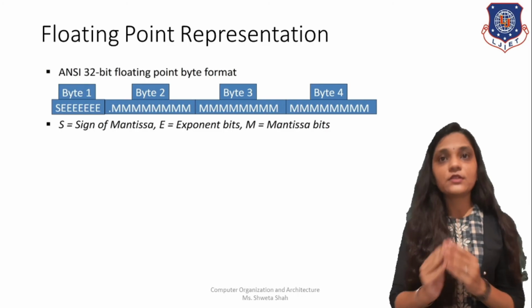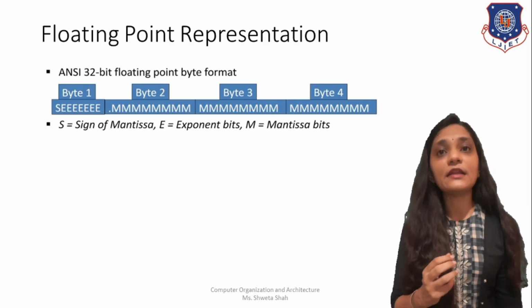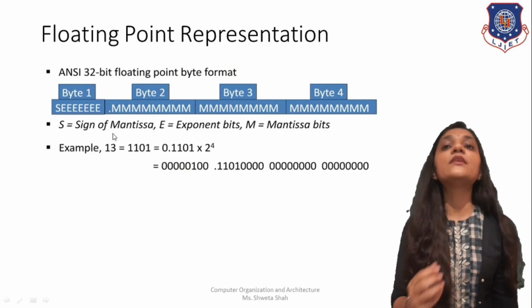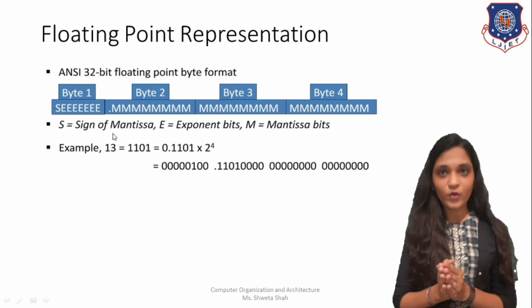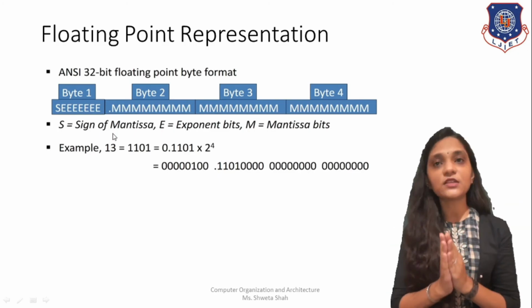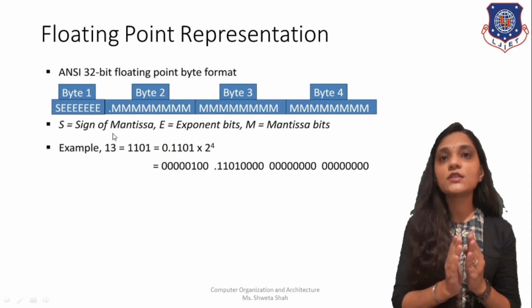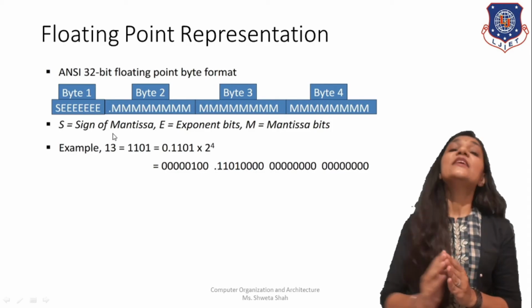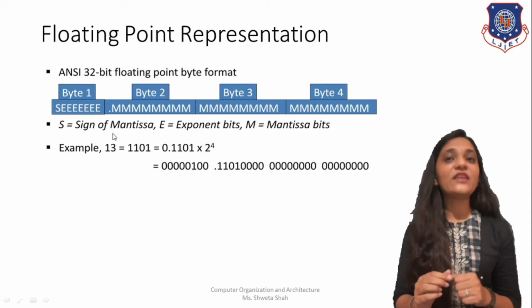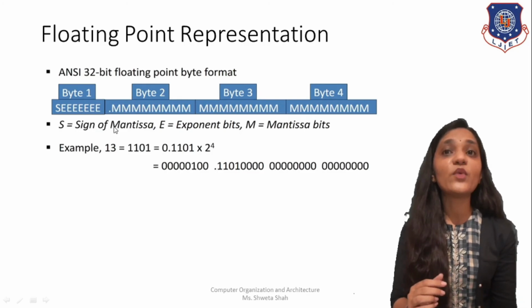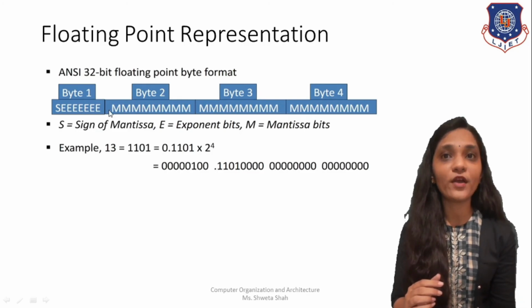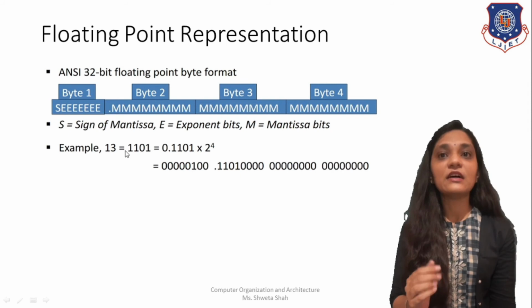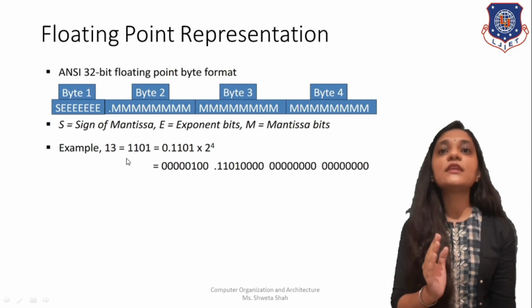I have given this format a second time, and let me consider a number, 13. The binary pattern for 13 will be 1101. But it is not normalized. It is normalized when the number right after the binary point is 1.